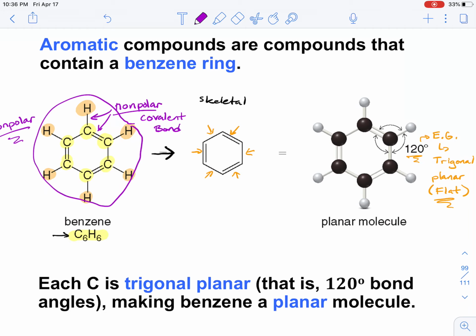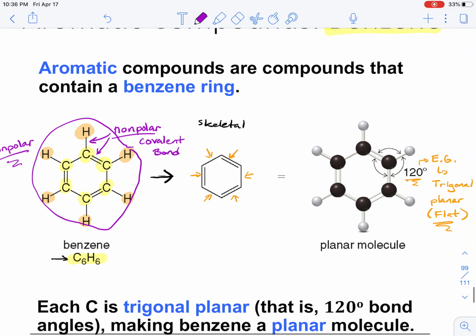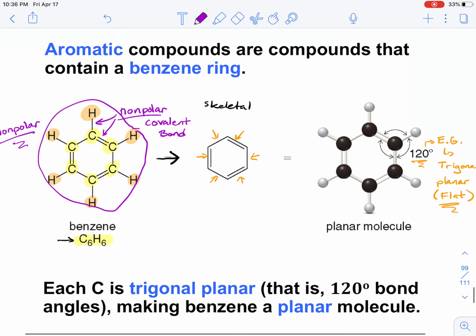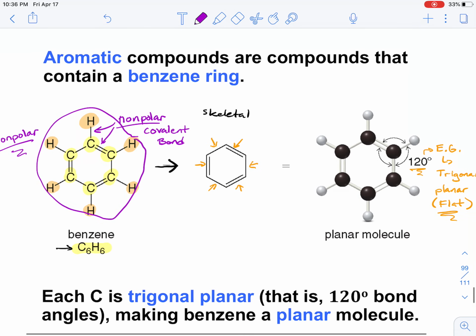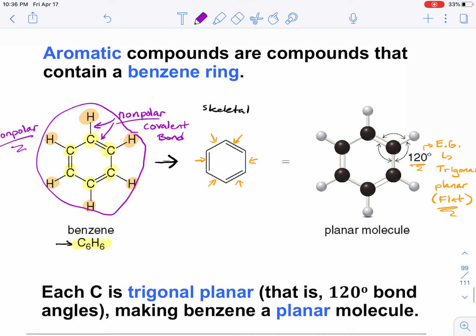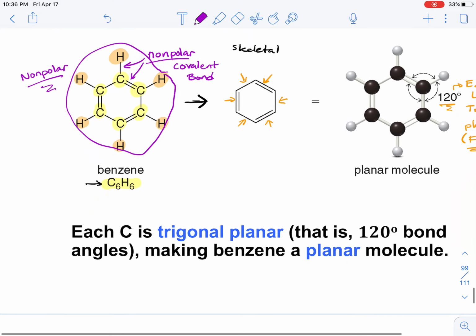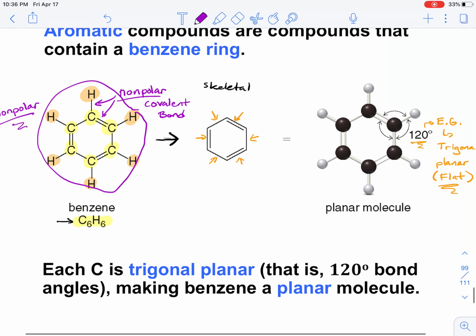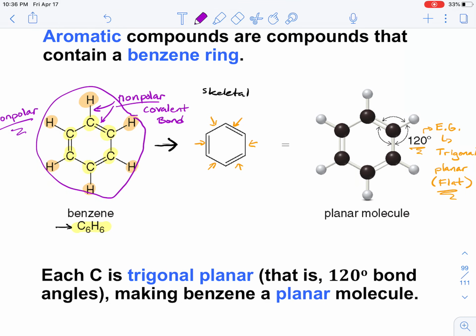I'm trying not to get into that topic just because it's out of scope for this class. And so hopefully you guys discuss things like that in your biochemistry or your biology class. But long story short, I do make such a big deal about electron geometry and whether or not it's flat or three-dimensional.